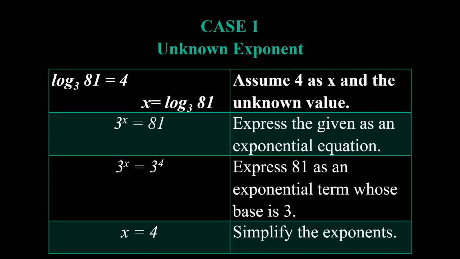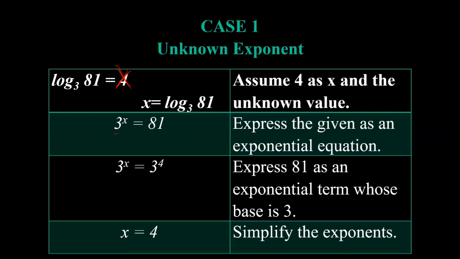So with this, we can have the logarithm of 81 base 3, and let's say the 4 is x, which is missing. Then how are we going to solve the value of x? We transform the logarithm into exponential form. Therefore, we have the base 3 raised to x is equal to 81.